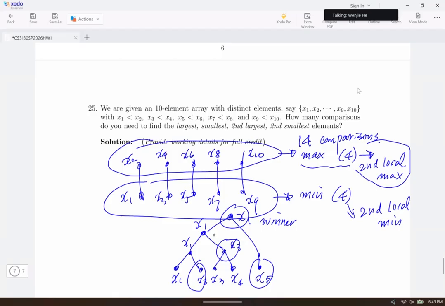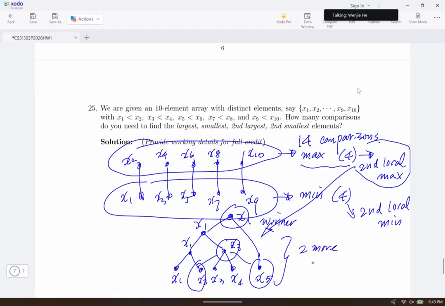More direct losers, then you need to do more work. For the second local max, all these 3 direct losers are the candidates. So you need these 3 candidates, and 2 more comparisons.